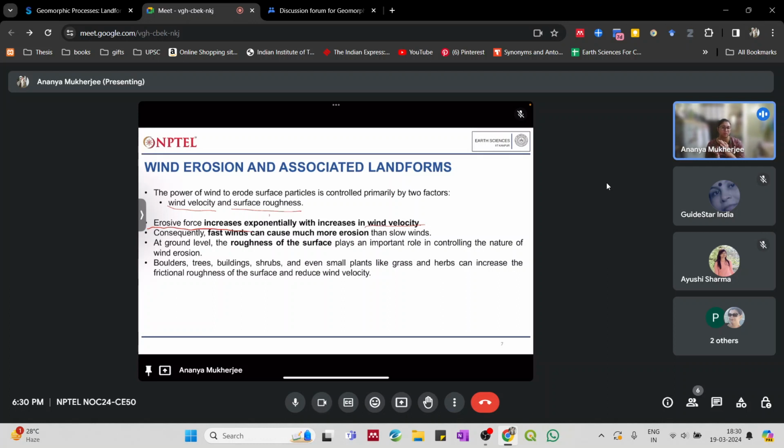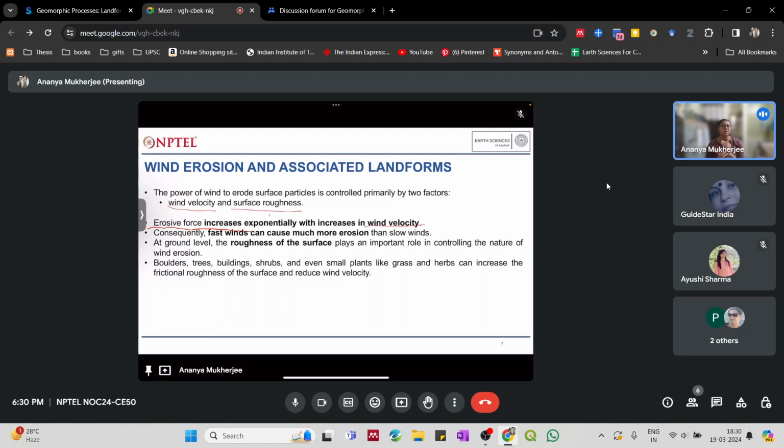If the wind speed is not that high, it cannot carry the larger sediment grains, which can cause the erosion of the other surfaces that are present there. So fast winds can cause much more erosion than slow winds. So this is how it goes.